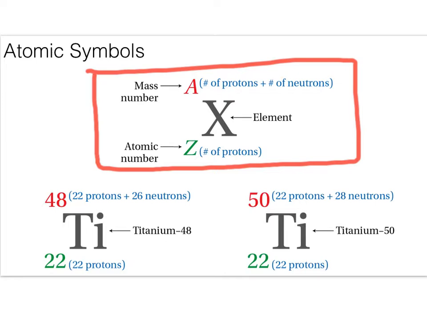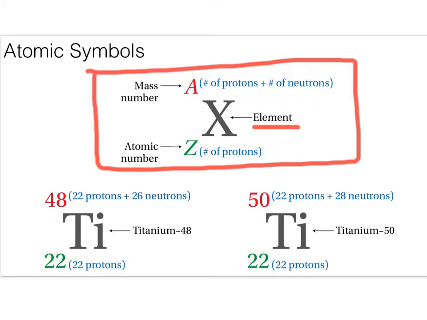For one thing, we typically have shorthand for an element, 1 or 2 letters. And then above and to the left of that, we're going to have the mass number. And that mass number, of course, is the combination, summing up the 2 massive subatomic particles, the protons and the neutrons, together. And that's going to give us a number.